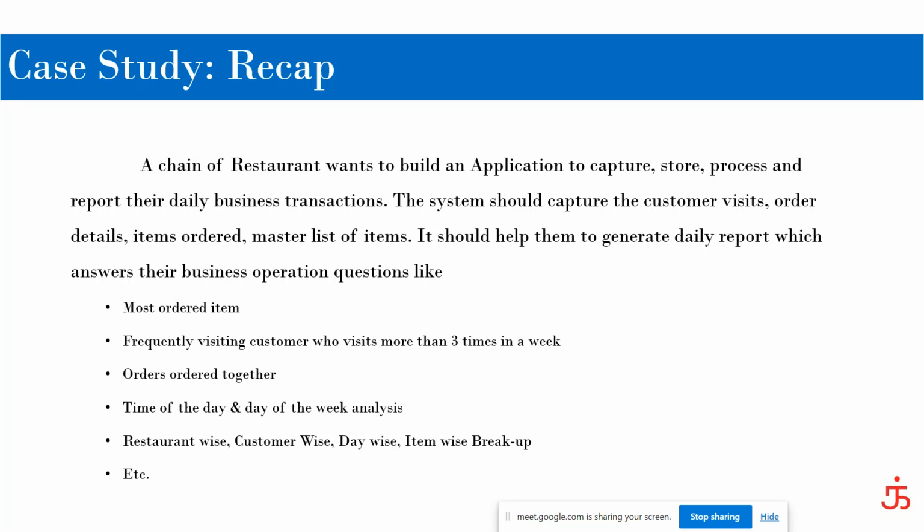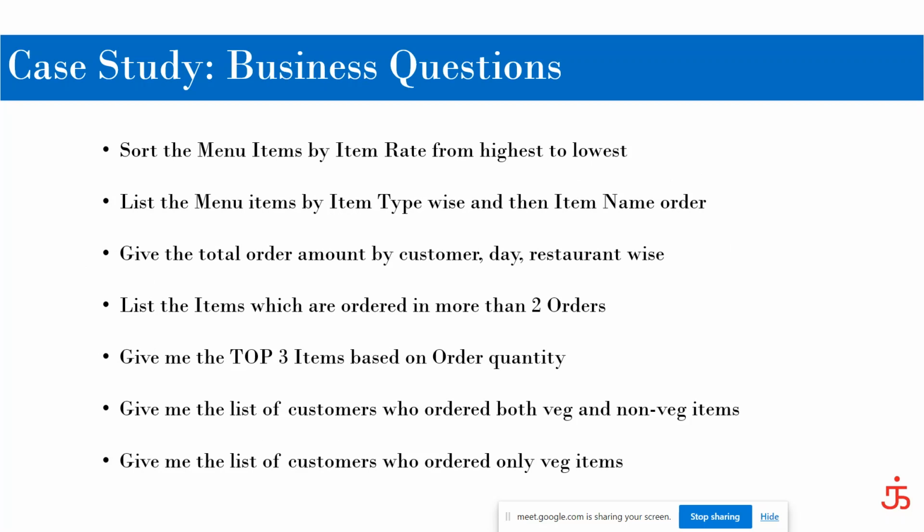Ultimately the application that we are building should answer these questions: most ordered items, frequently visiting customers, right? Who visits more than 3 times a week can be considered a frequently visiting customer in a restaurant. And orders ordered together, time of the day, day of the week, so breakfast versus lunch versus dinner kind of analysis, and so on.